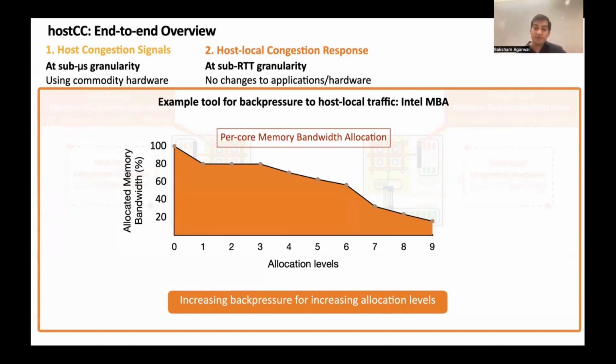This allows hostcc to perform its host local congestion response without any modifications to the applications or the hardware. And similar back pressure based tools with similar interfaces also exist on other platforms like AMD.